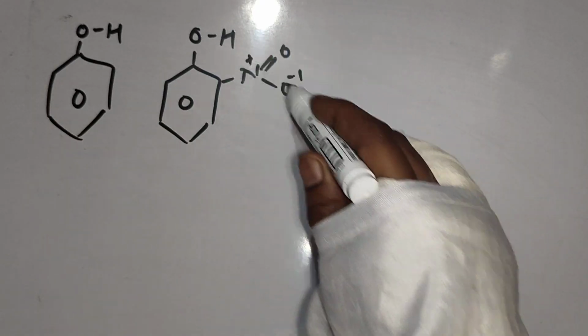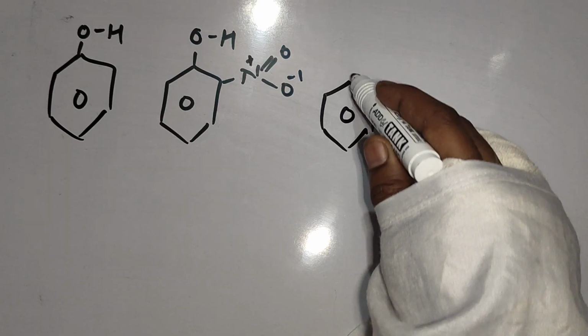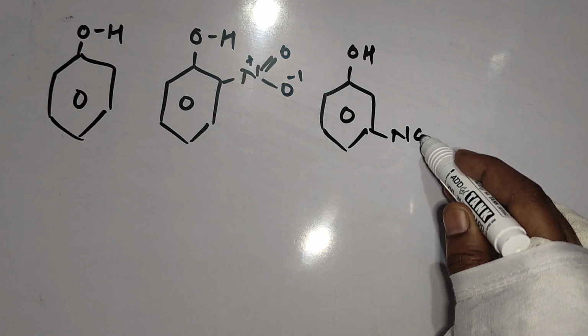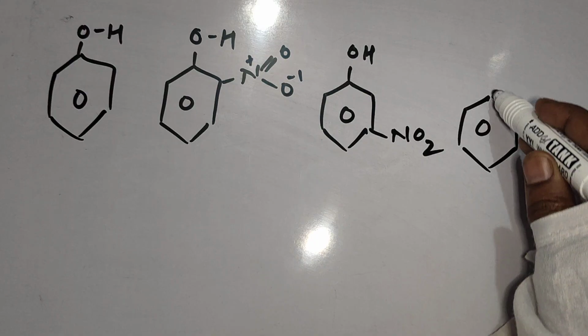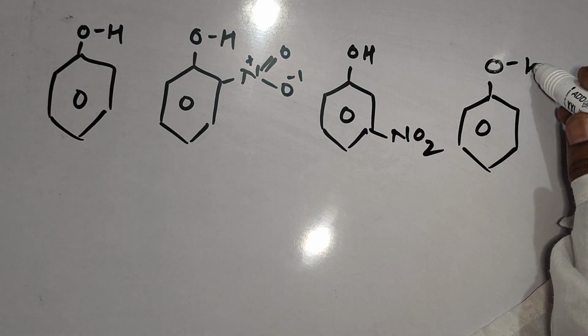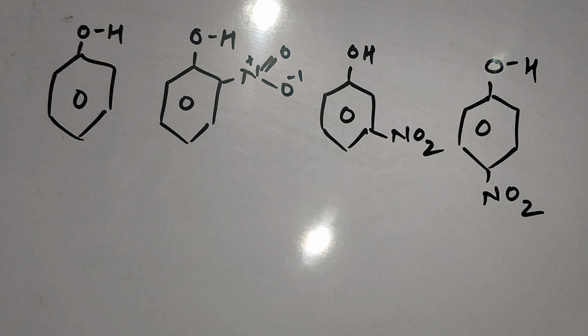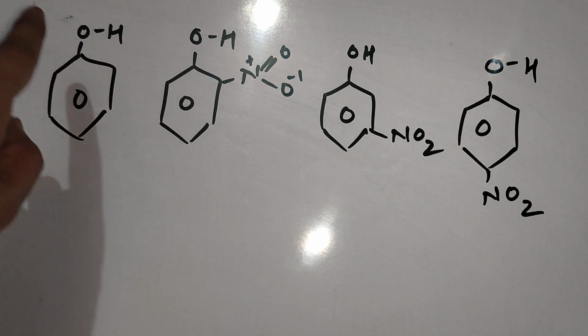Nitro group is in this condition. Meta-nitrophenol. And para-nitrophenol. Now because I am going to apply second method, so first I need to make their anions.